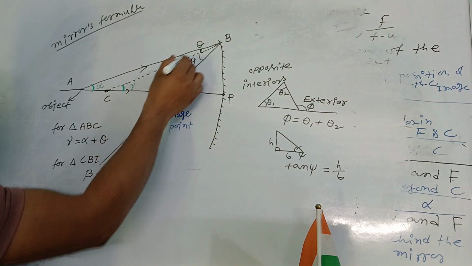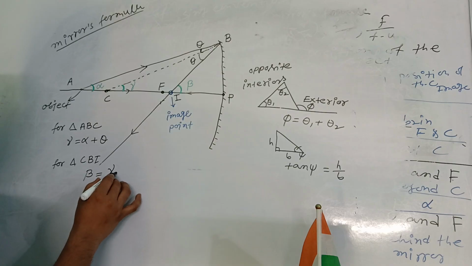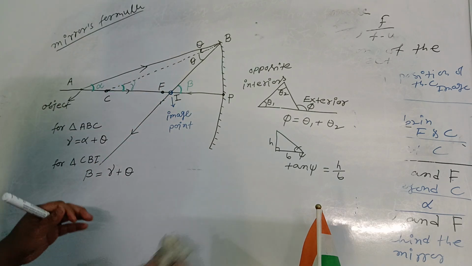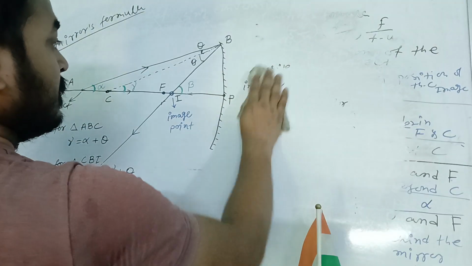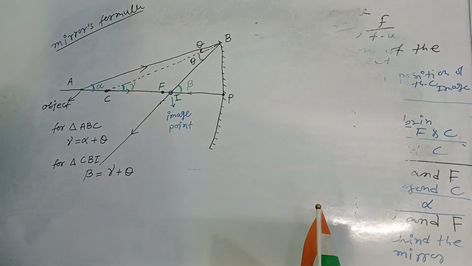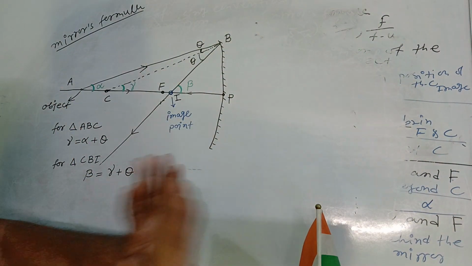So we can write beta is equal to gamma plus theta. Okay, leave it. Now move to that side. Up to this, is it clear? Now leave it.